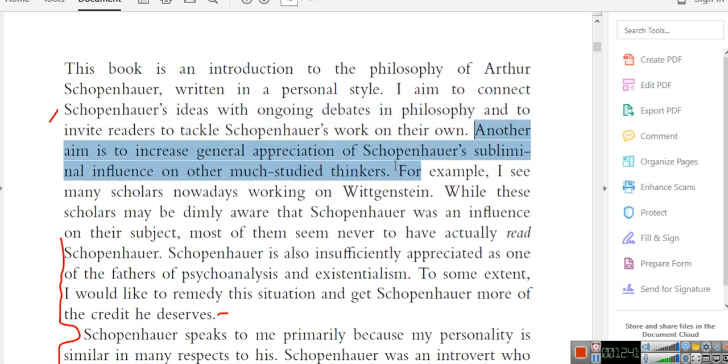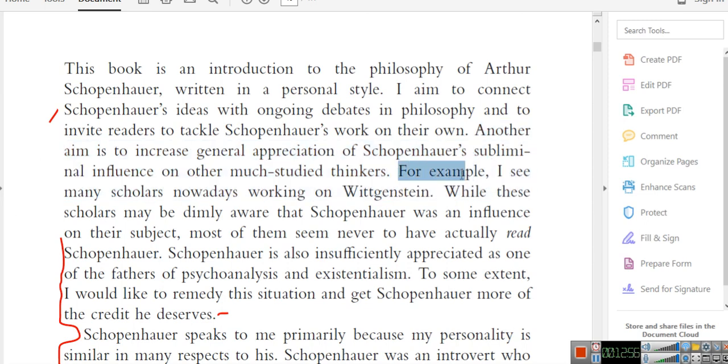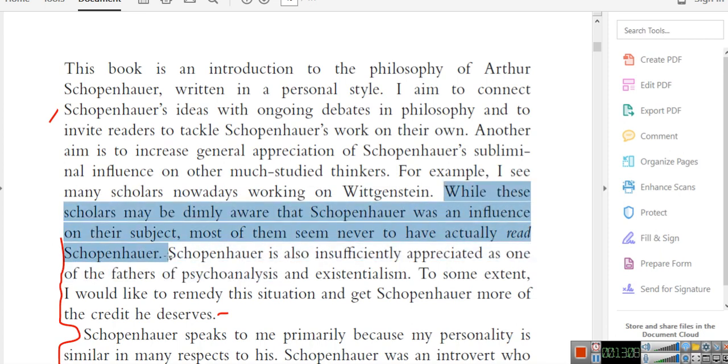Now let's find the third sentence. "Another aim is to increase general appreciation of Schopenhauer's subliminal influence on other much-studied thinkers." And here we have another sentence. "For example, I see many scholars nowadays working on Wittgenstein." There's our fourth. And finally, we have this one.